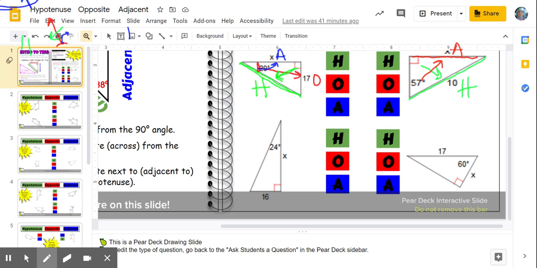Which leaves this other side to be the, you're right, that is the O. Oh no, the A, right? I marked that wrong. This is the O because it's opposite. So if I go from the 57 to the opposite side, that's going to be the O.